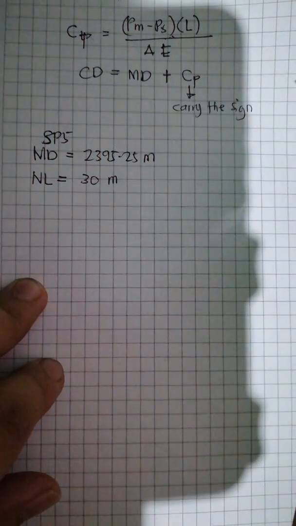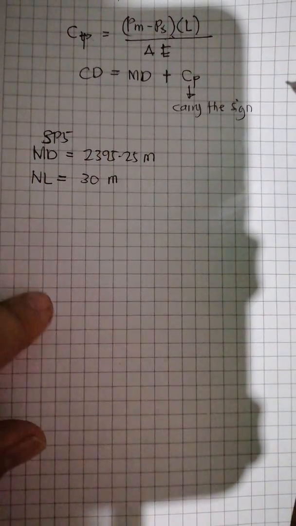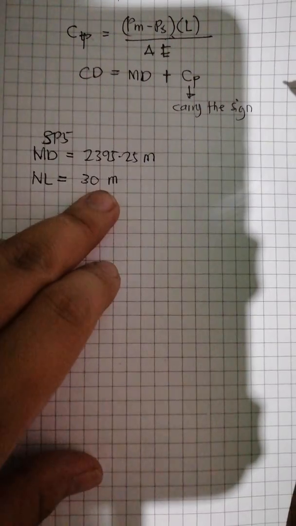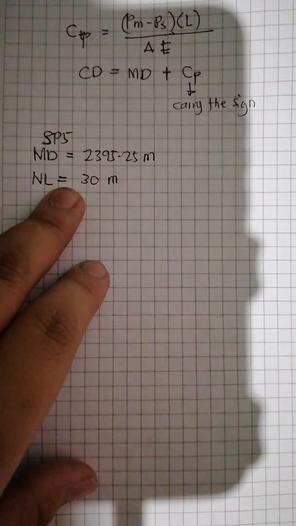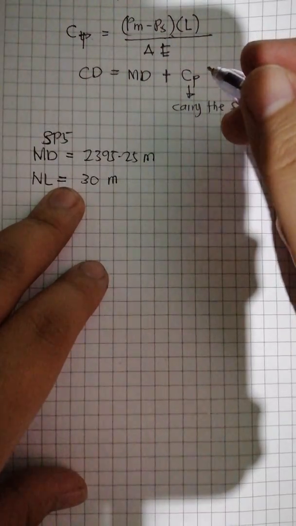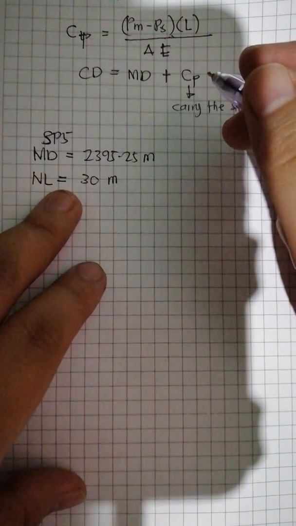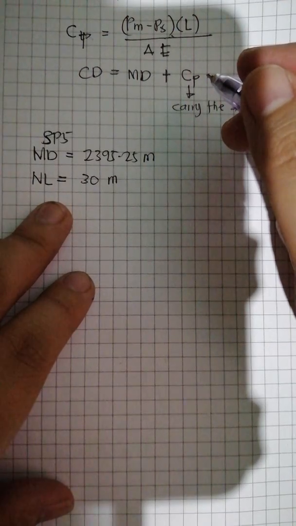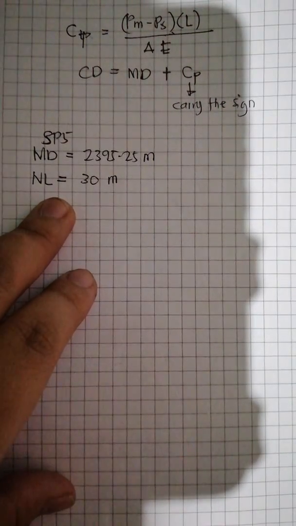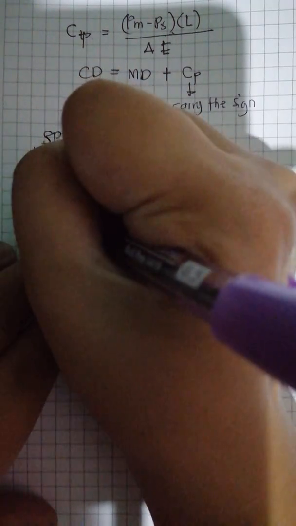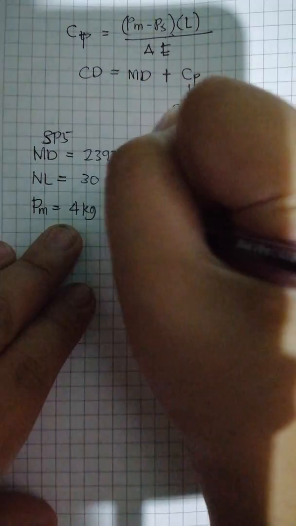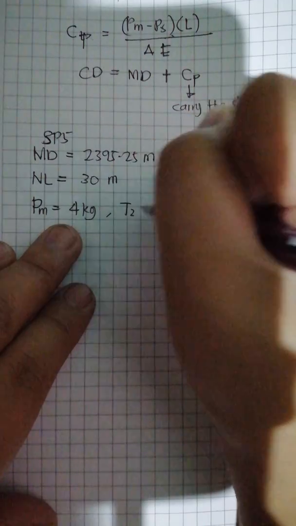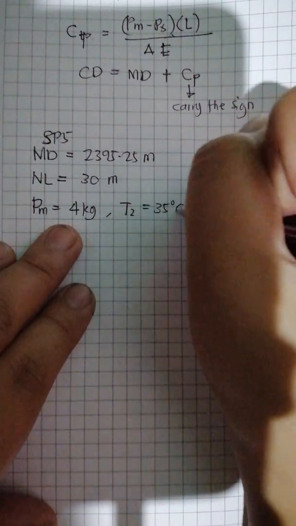So kanina, on our previous problems, usually the given nominal length of tape is 50 meter tape. This time, it's 30 meter lang. Throughout its length under a pull of 4 kilograms and a mean temperature of 35 degrees Celsius.